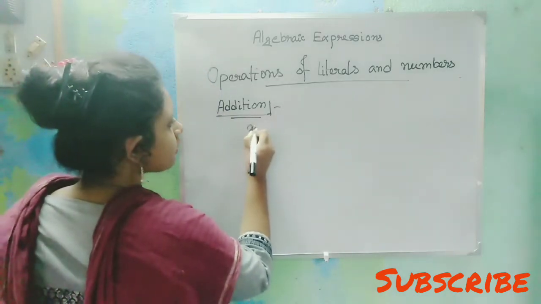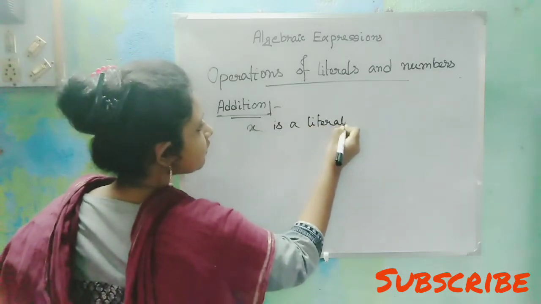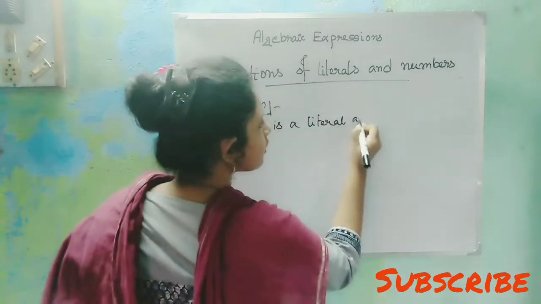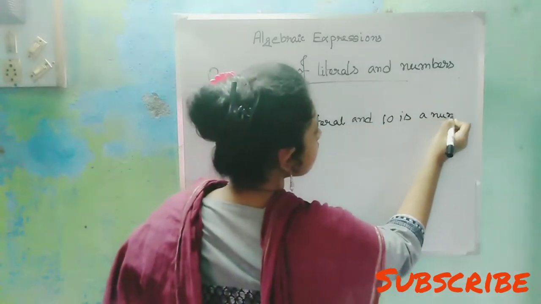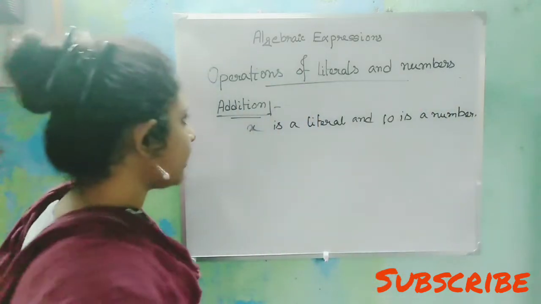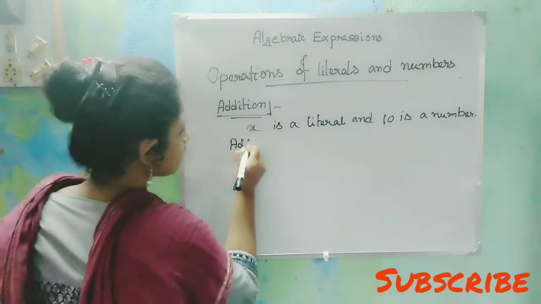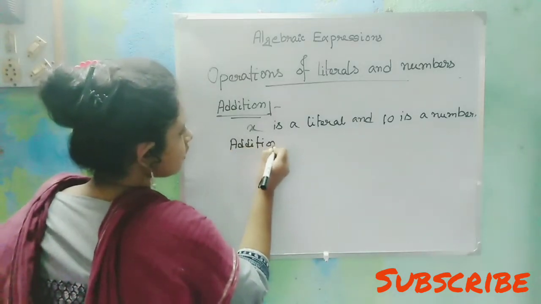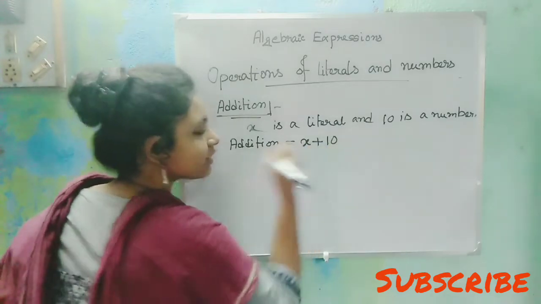Suppose x is a literal and 10 is a number. So what is the addition of x and 10? The addition is x plus 10.